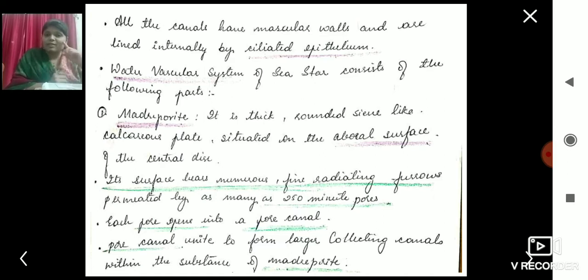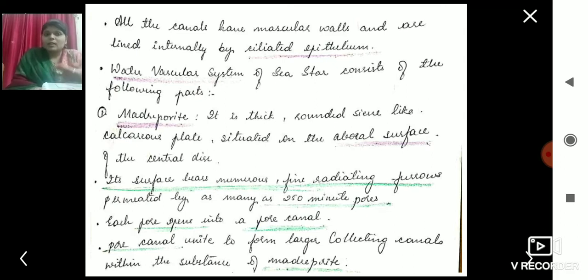So they have a ciliated epithelium which pushes all the particles along the movement. Circulatory system is absent because the water vascular system is present. This is the main structure which is going to facilitate circulation also. So that means it is pushing the water inside.